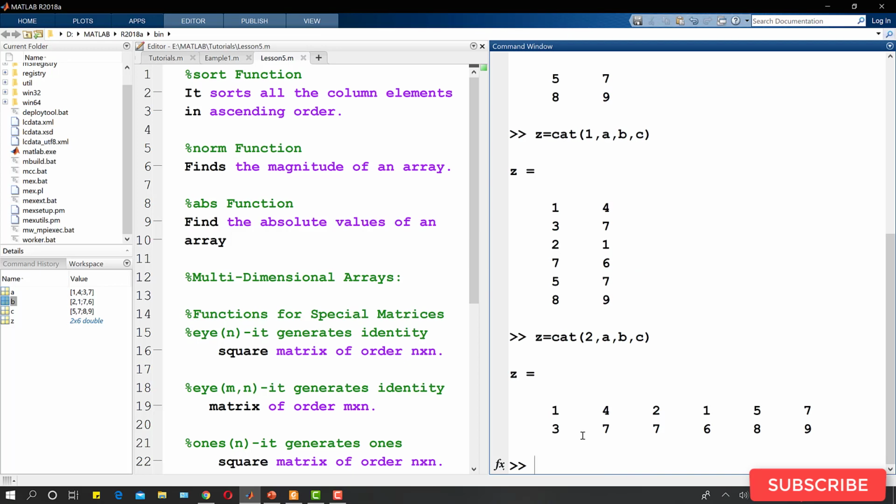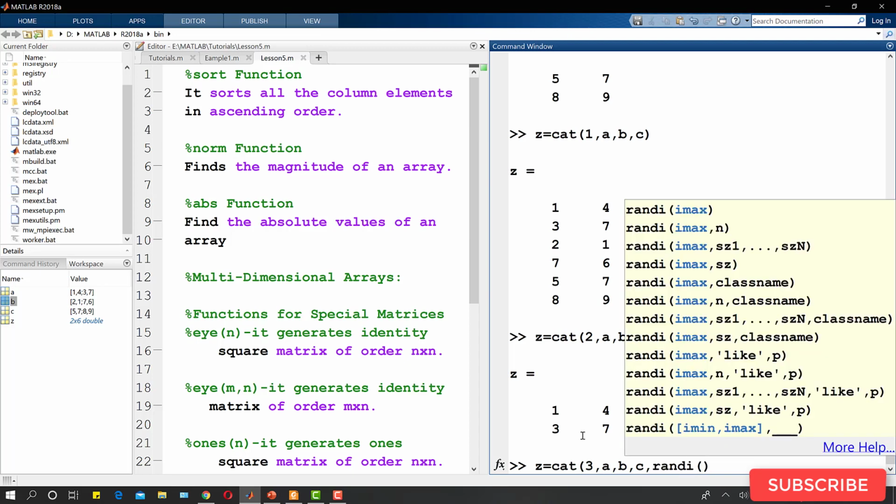And now if I write Z and if I write 3, it will create a three-dimensional array of 3 pages, and A will be the first page, B will be at the second page, and C will be at the third page. And similarly, if I write here rand, instead of creating another array, I can create it directly here.